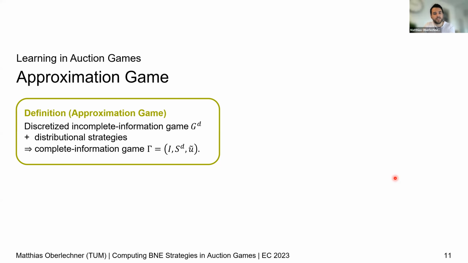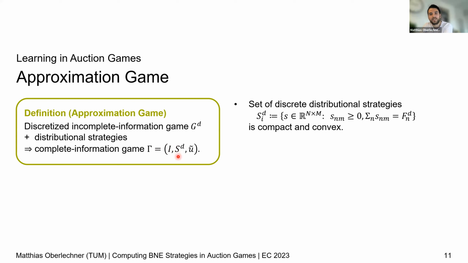The complete information game, again, consists of the same set of agents. The action space of this complete information game is now the set of discrete distributional strategies, which is a compact convex subset of R^(n times m). And the utility function is simply the expected utility we've seen before.